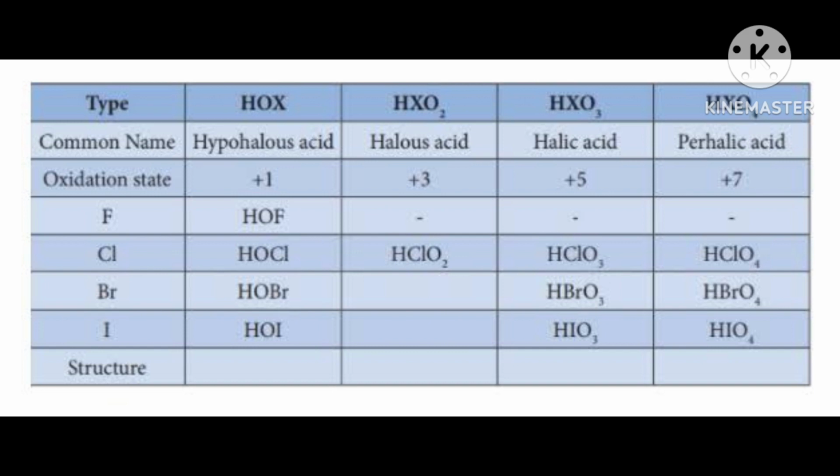Halic acid 1 means oxidation state 1, halic 3 acid means oxidation state 3, halic 5 acid means oxidation state 5, and halic 7 acid means oxidation state 7. Halic acid 1 is also called hypohalous acid.